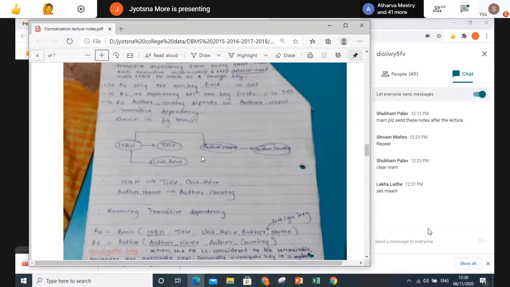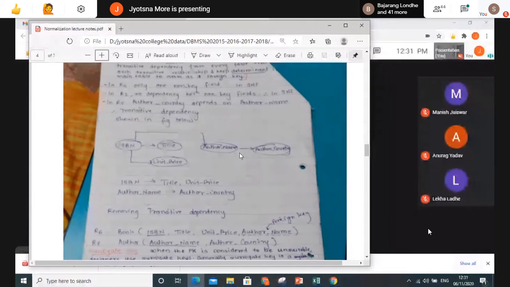This transitive functional dependency should not exist, and for that purpose we have to break this transitivity. How to solve that, we will do in some other part.